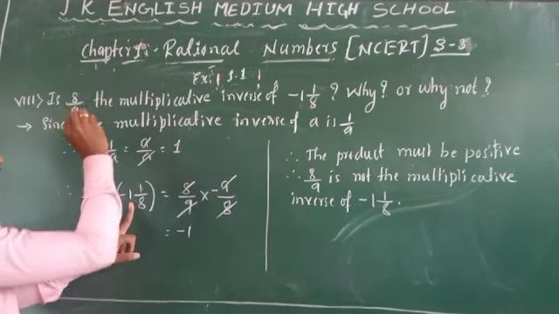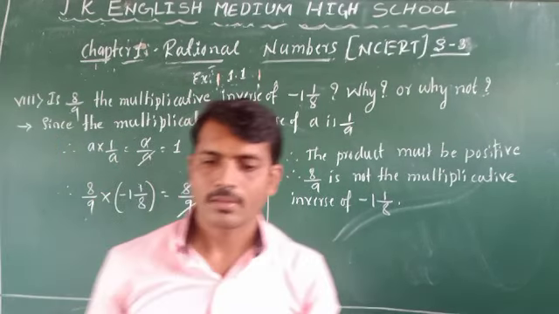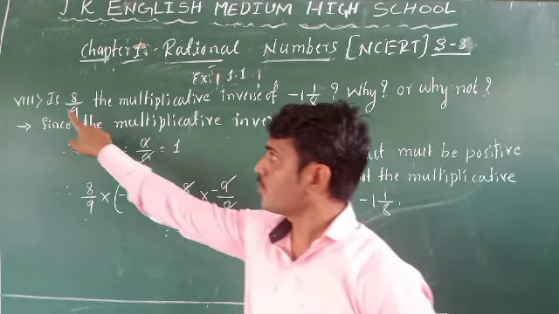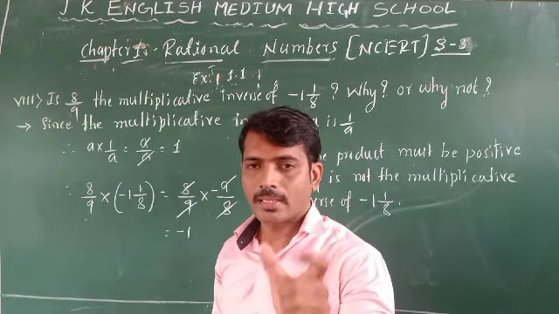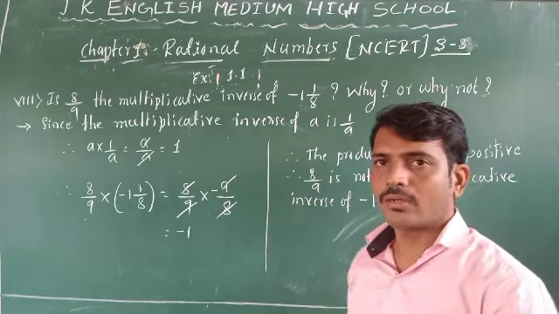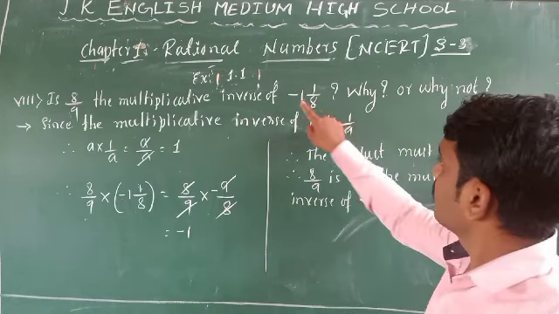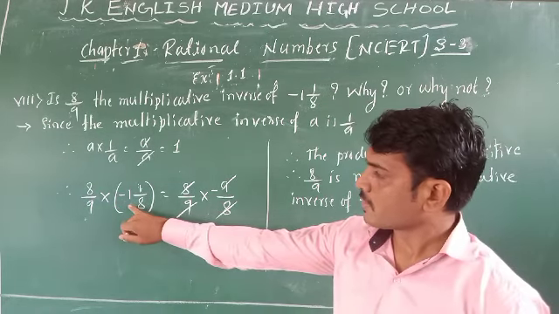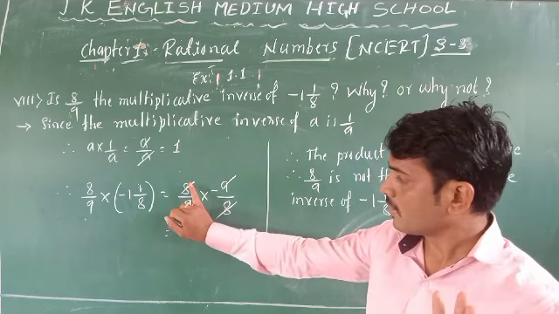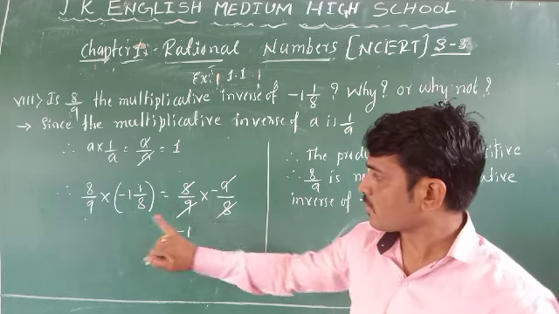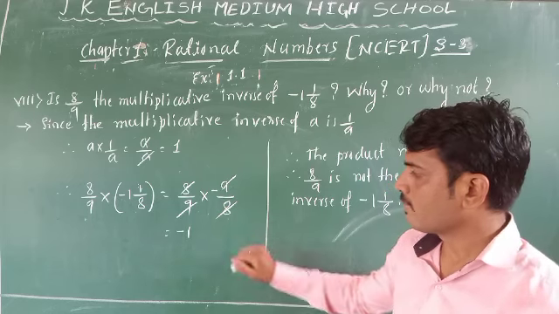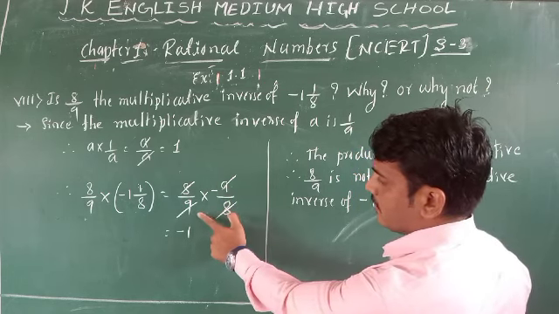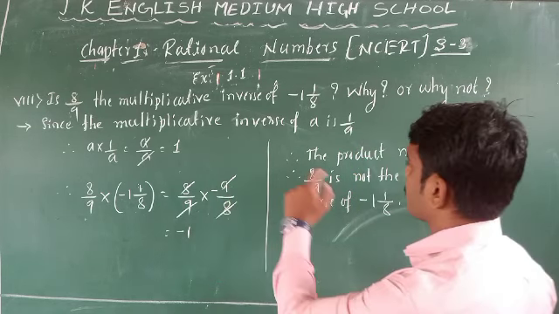He has given this as the inverse of this number, and we should prove it. So by multiplying them, we should get 1 or not. 8 by 9, as it is; minus 9 by 8. The 8 will cancel because this 8 is the numerator and this 8 is the denominator, and 9 and 9 will cancel. What is our answer? Minus 1.